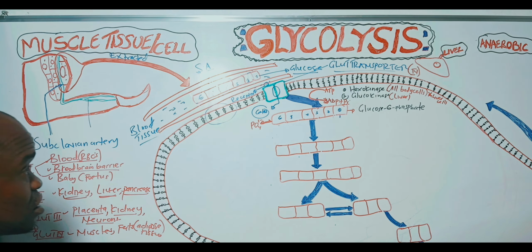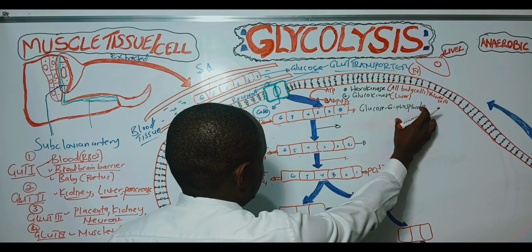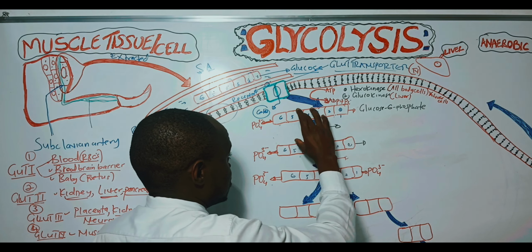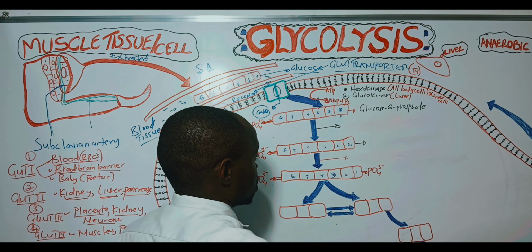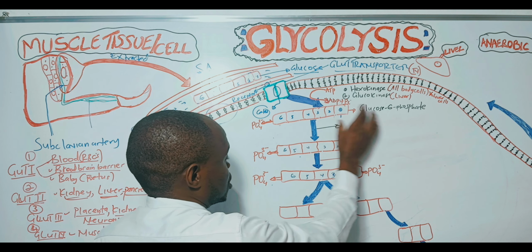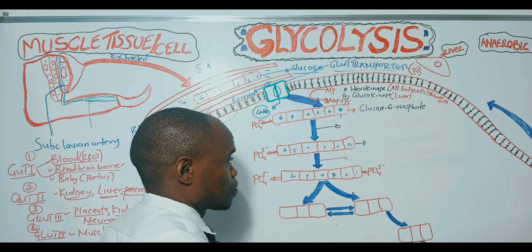Now we have this. After getting the glucose 6 phosphate, what is going to happen? This glucose 6 phosphate is going to undergo isomerism, a rearrangement. The glucose 6 phosphate is like an aldehyde, but we want to convert it to a ketone.